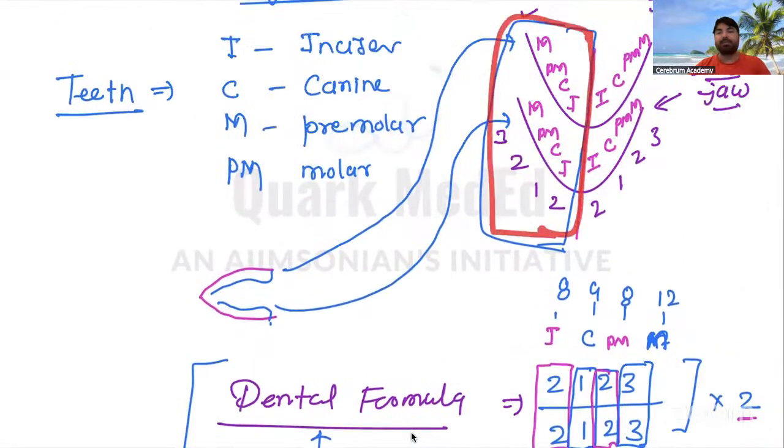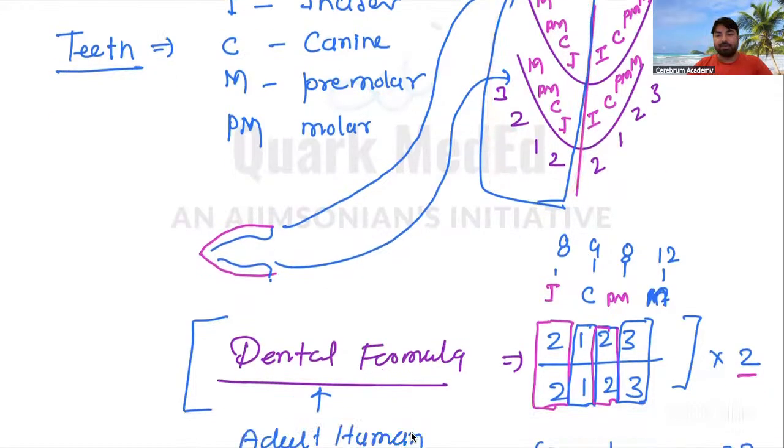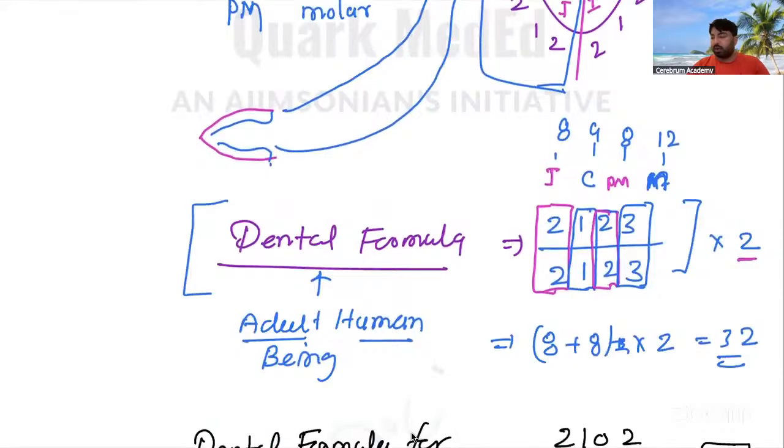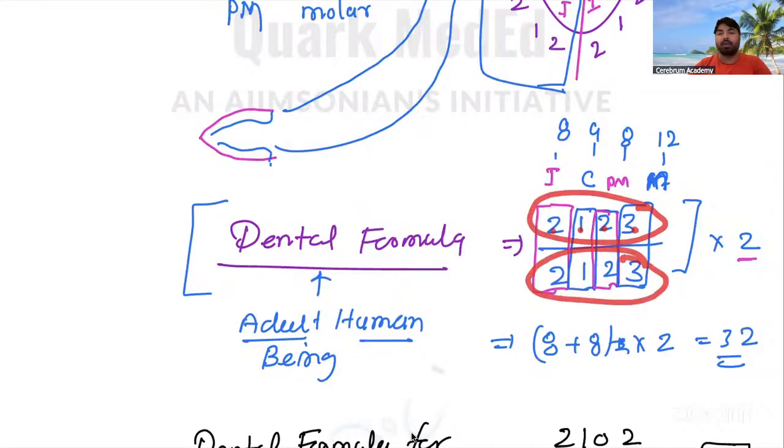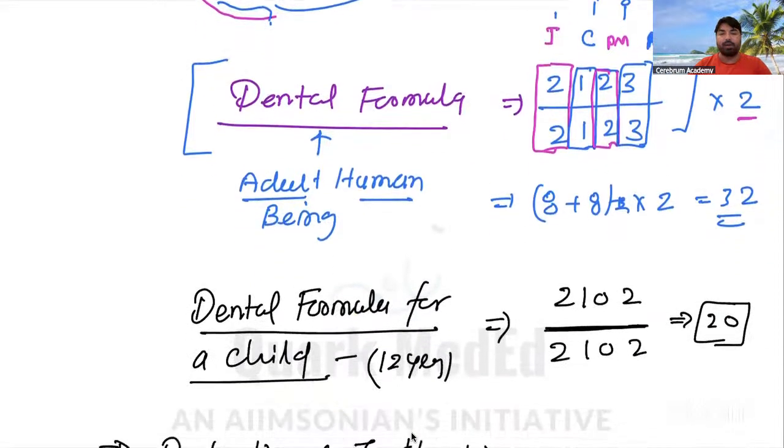To get the whole picture, you have to multiply by 2. Add up these numbers: 2 plus 1 plus 2 plus 3. How much is it? 8. So 8 plus 8 is 16, and then 8 plus 8 on the other side will also make 16. So we have 32.